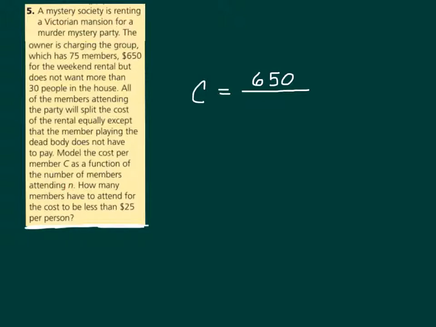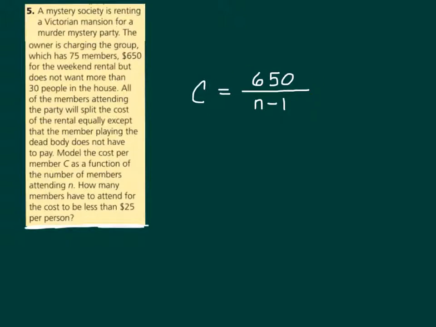N minus 1. Why minus 1? The person that is attending as the dead body is not paying, so the number of people paying is the number of people attending minus the person playing the dead body. Whoever's playing the dead body does not pay. So this is the cost per person.